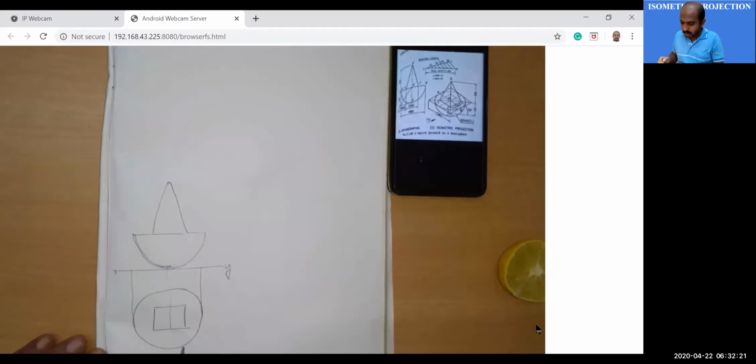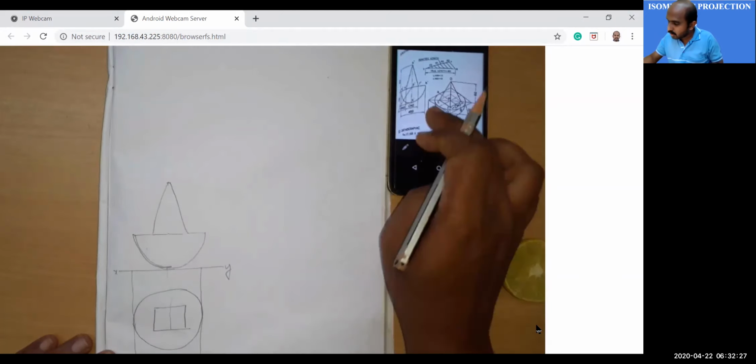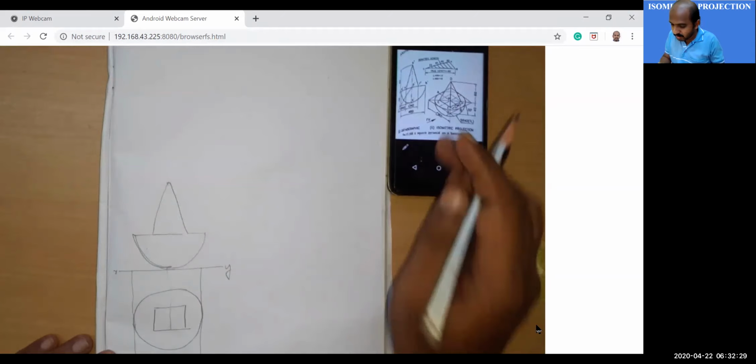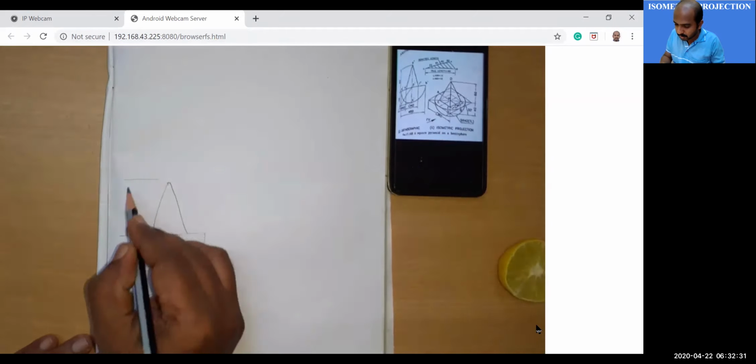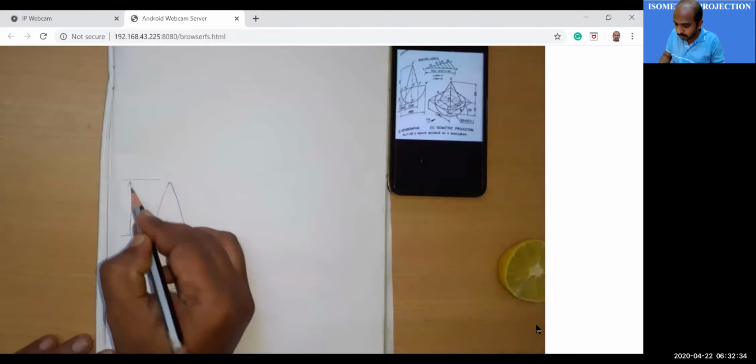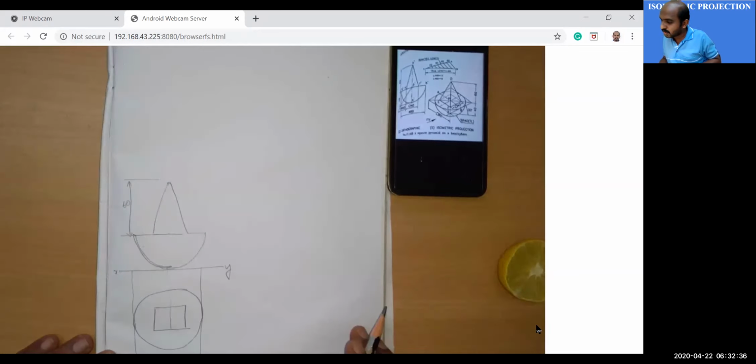You can mark all the dimensions. This is 80. This is 80, and the height of the hemisphere is equal to 60.